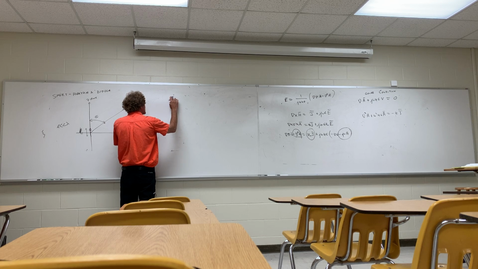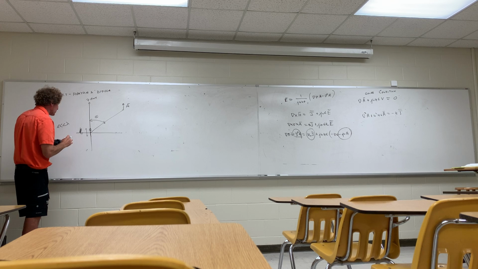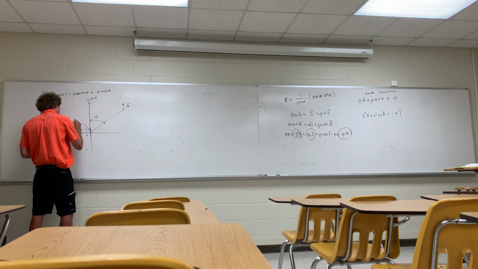So now I can just write this down because this is assuming the length of this is short, and there'll be an assumed current I naught on it in this direction.